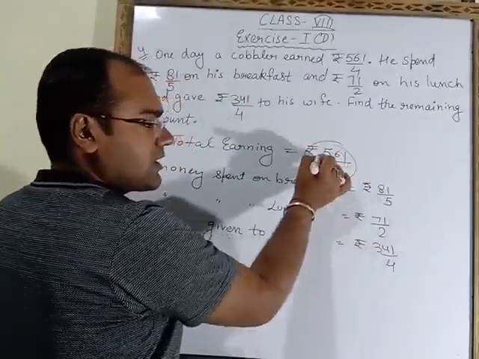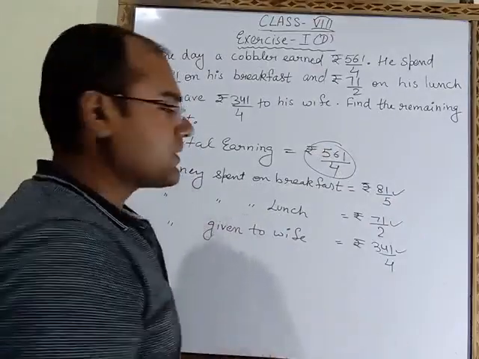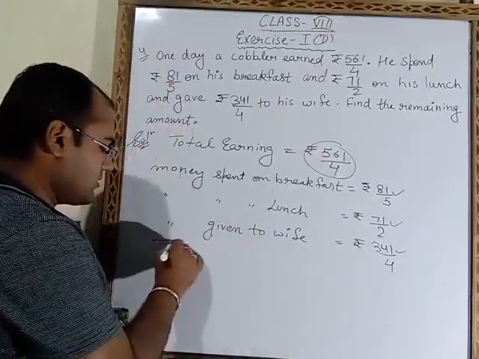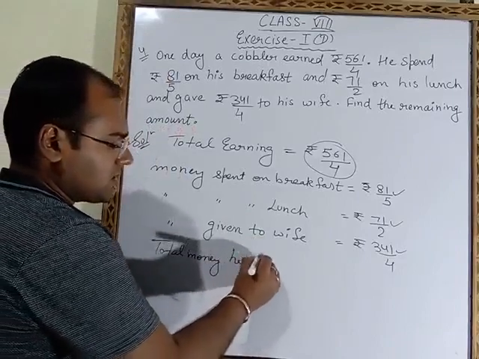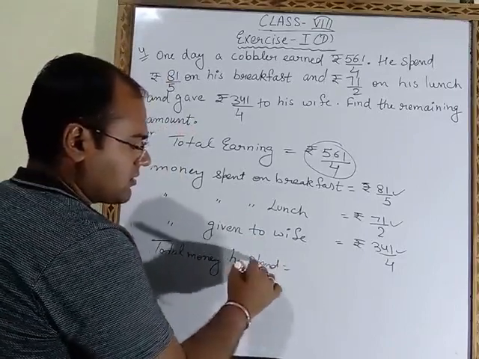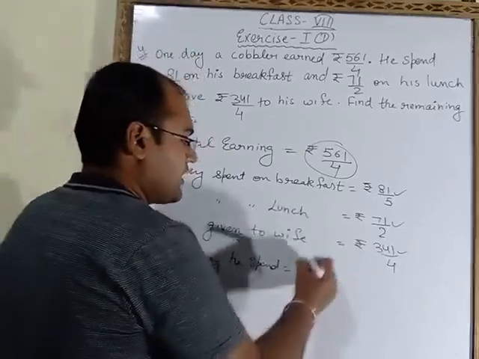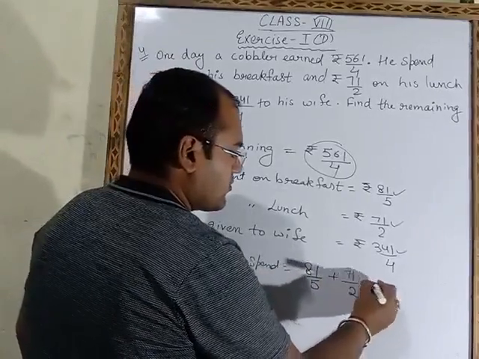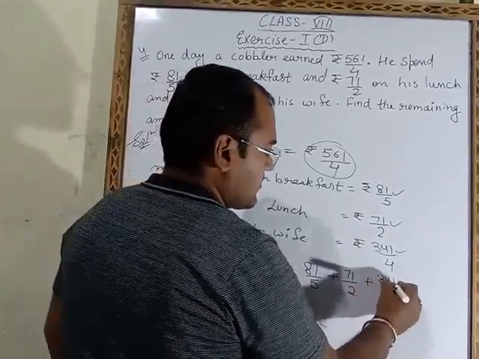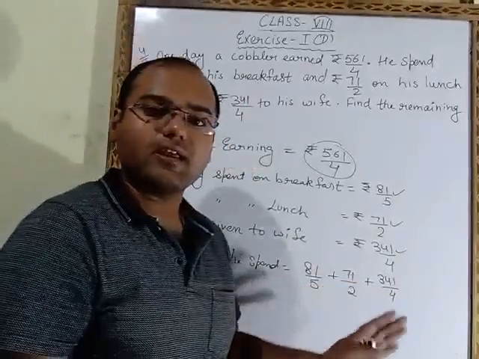From this money, he had spent only this much, this much and this much. So first of all, we will find how much total money he spent. 81 upon 5 plus 71 upon 2 plus 341 upon 4. So this much total money he had spent.